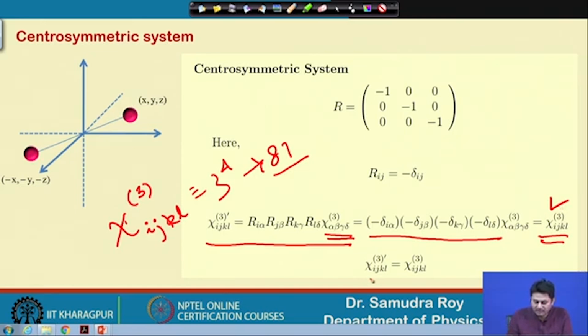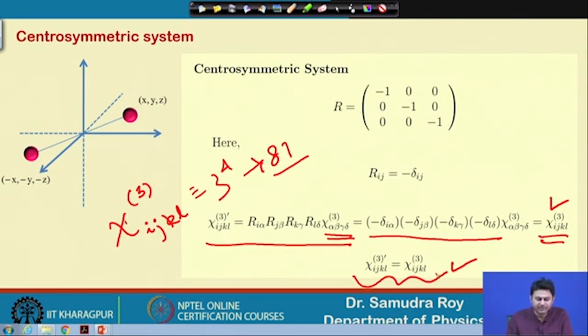That means even if the second order susceptibility is 0, the third order susceptibility is non-vanishing. So, one should expect the first higher order nonlinear effect from these third order effects.